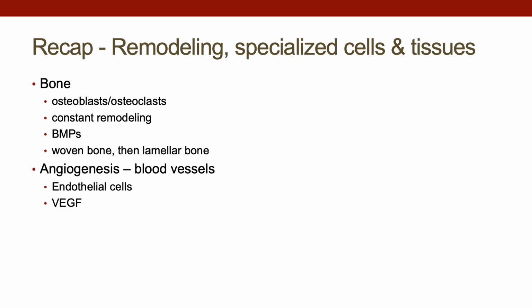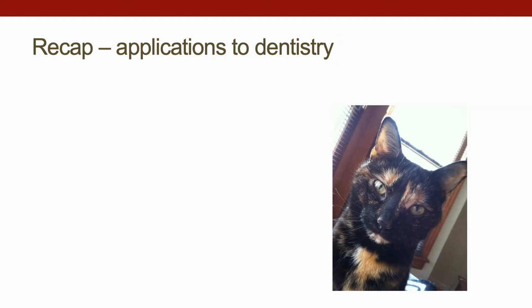Angiogenesis is the process of restoring blood vessels to wounded areas. The endothelial cells grow out, are stimulated to divide, although they're normally quiescent, and that involves vascular endothelial growth factor.